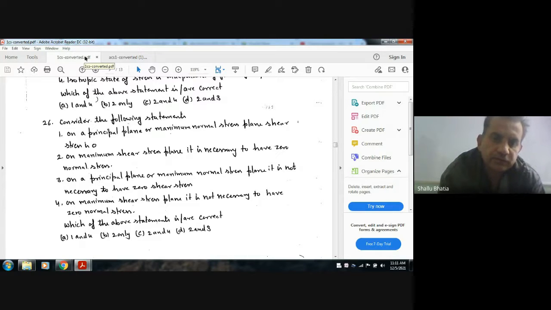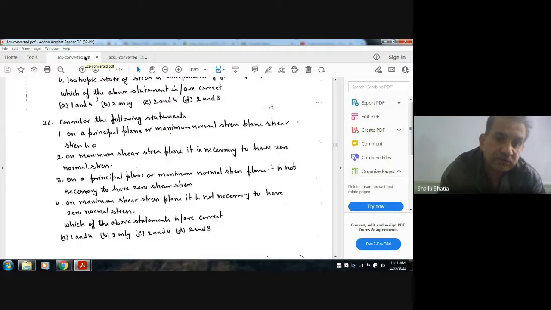On the first statement, on a principal plane or maximum normal stress plane, shear stress is zero. That is correct, because there is no shear stress on the maximum normal stress plane or principal plane. Second, on maximum shear stress plane, it is necessary to have zero normal stress? No, it is not necessary.